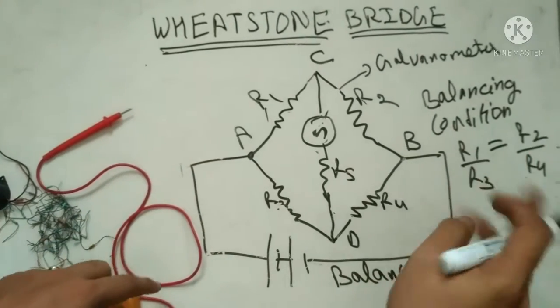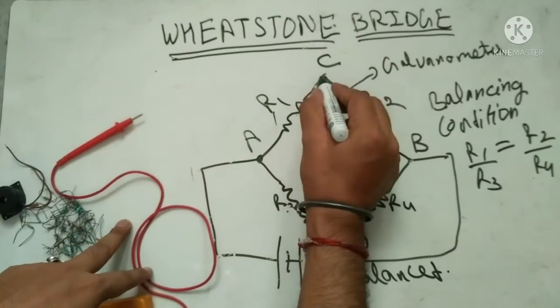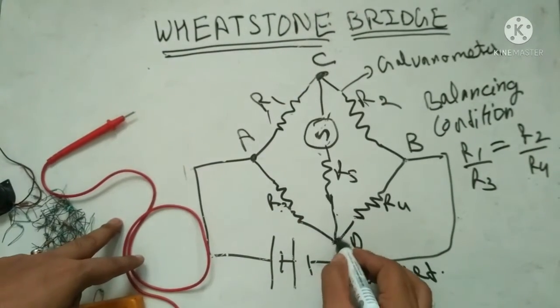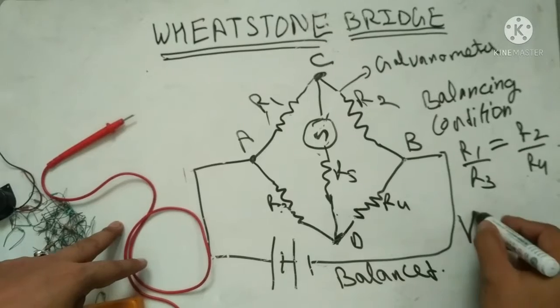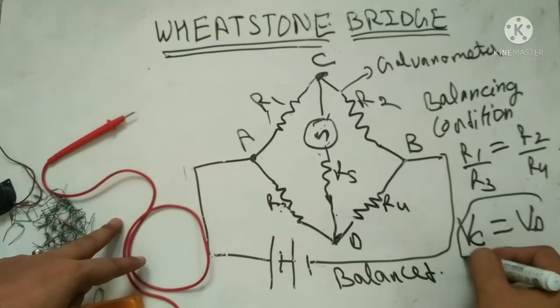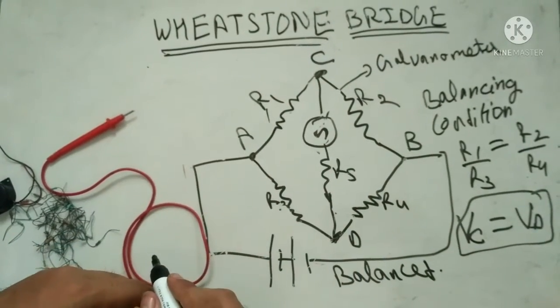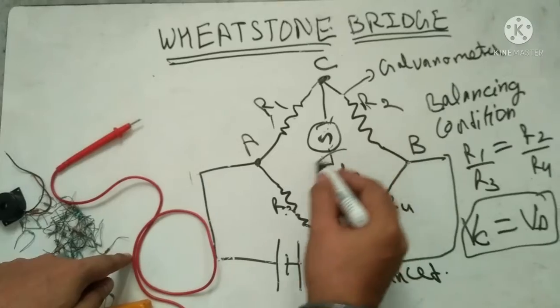Why is this the balancing condition? Because in this condition the potential of point C and the potential of point D become the same, and hence no current will flow through this resistance 5.